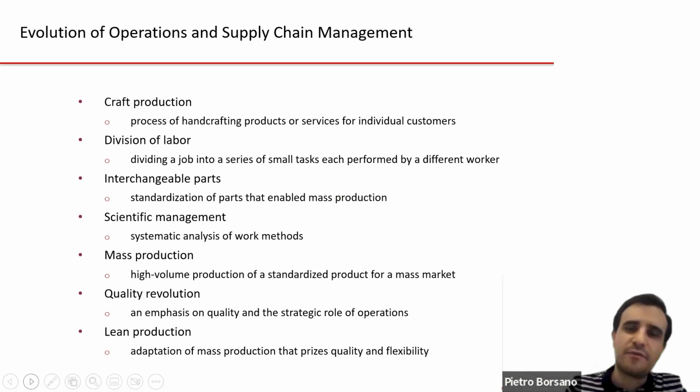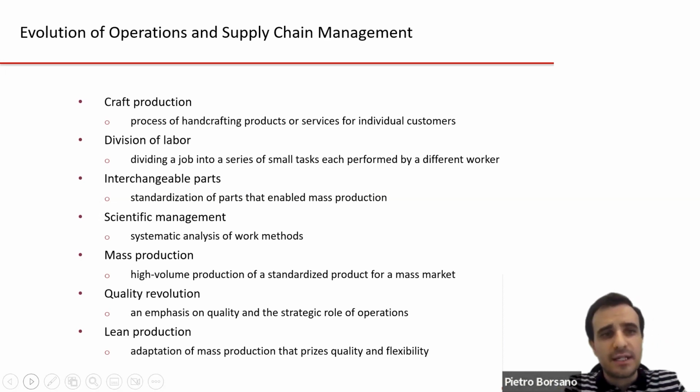But with the Industrial Revolution and the first economic studies, some fundamental concepts led to the creation of operations: from the division of labor, so specialization of workers in specific jobs, to the standardization of the parts used for mass production, to the creation of scientific management.